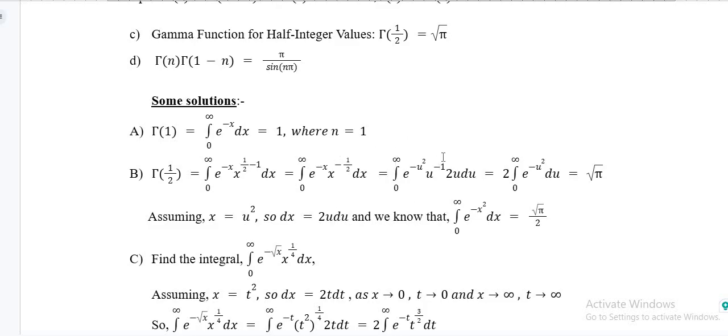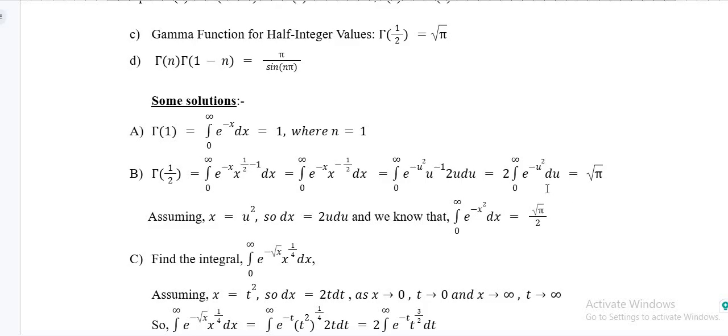So now put this in this equation. So it comes e to the power minus u square, x to the power minus half becomes u to the power minus 1, and dx is given as 2u du. After simplification, you can take 2 out. So u and u will cancel out.